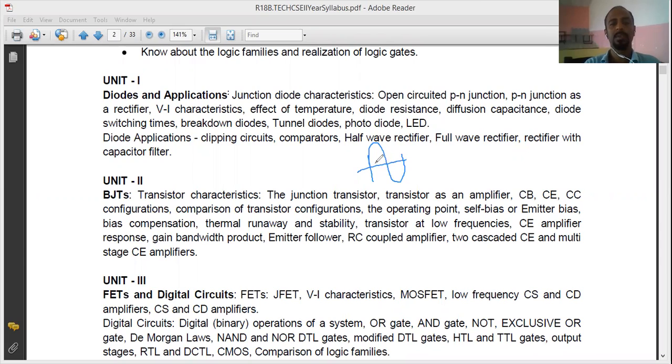In this, it is working for only one half wave. If it is working for both half waves, then we call it a full wave rectifier. All right, so that is a simple understanding of what a half wave rectifier and a full wave rectifier are. And then again, you can use a filter to get a better rectified output.